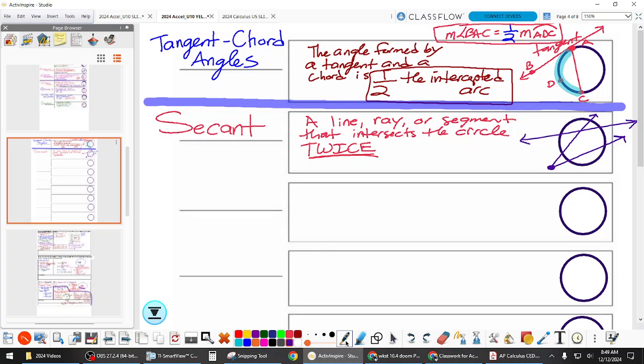If they intersect inside, so like the top, like that. So let's say they intersect inside. That's going to create interior angles, or angles inside of the circle is what I mean by that.